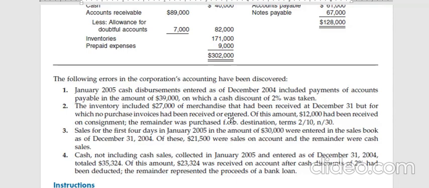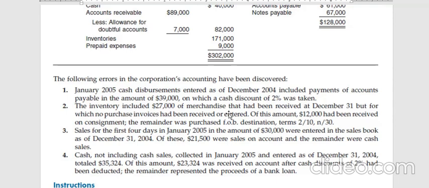I have to record it now. If I am recording accounts payable, it will be a plus, because my liability will also increase. Think of this: inventory was received, inventory was increased and recorded, but the invoice was not received and not entered, so I have not entered any liability either.